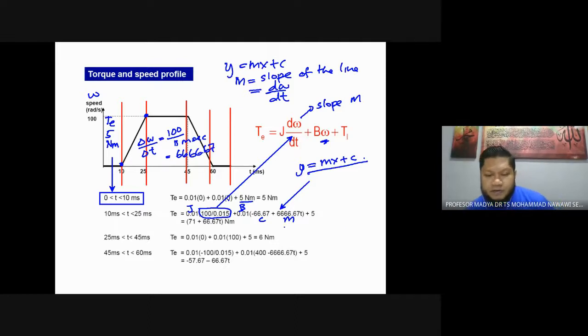Okay, so that's why you have that equation plus 5. So that defines this zone.